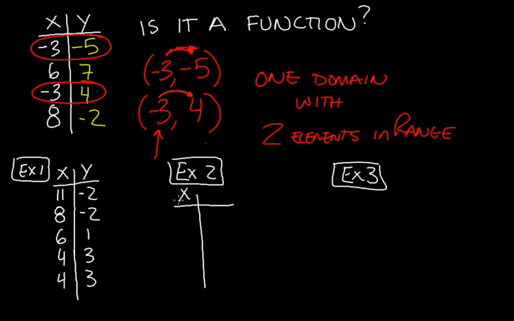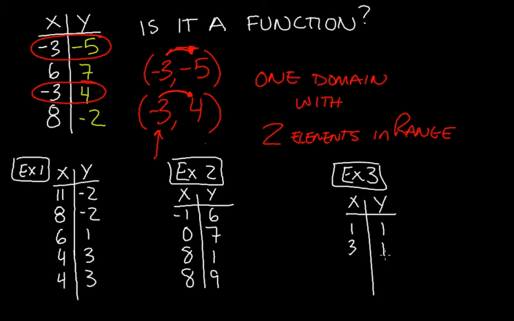And remember, all a function is one thing from the x has exactly one matching thing in the y. Example 2. Example 3. All right, if you've written it, pause it now, write it down, and decide yes or no, are these functions.